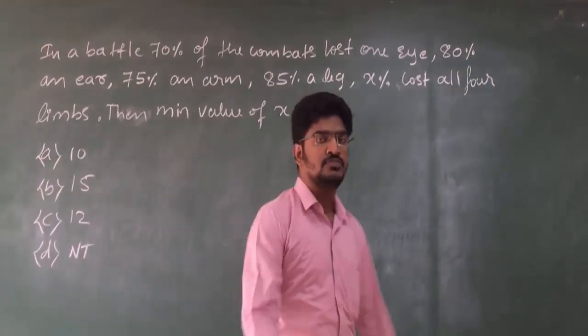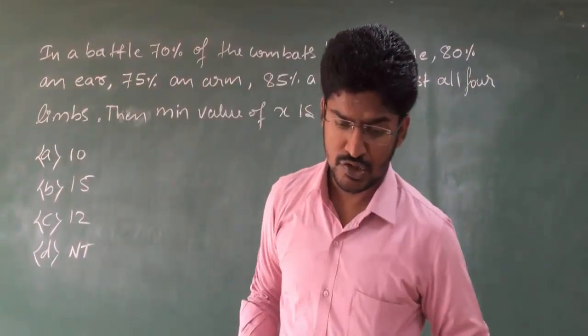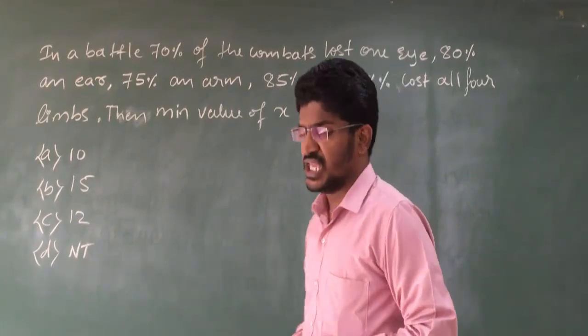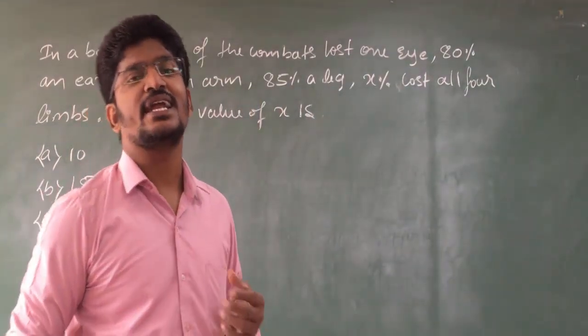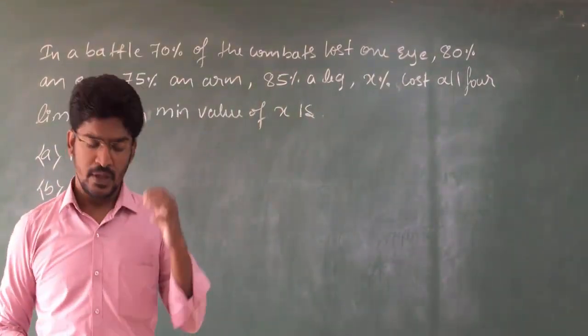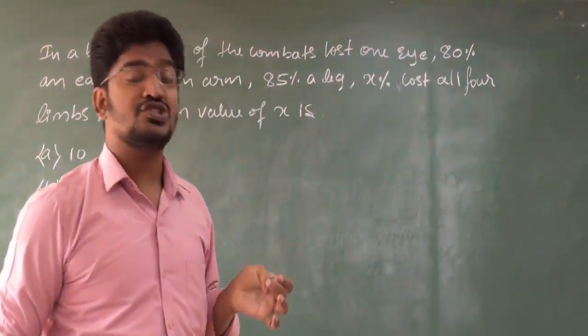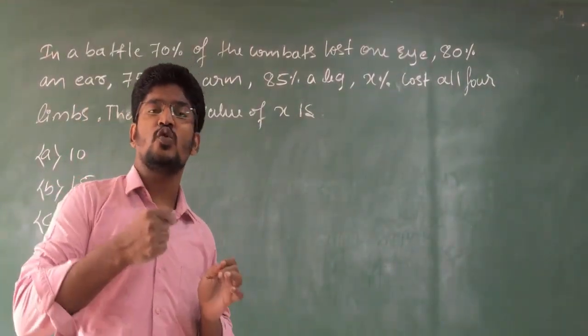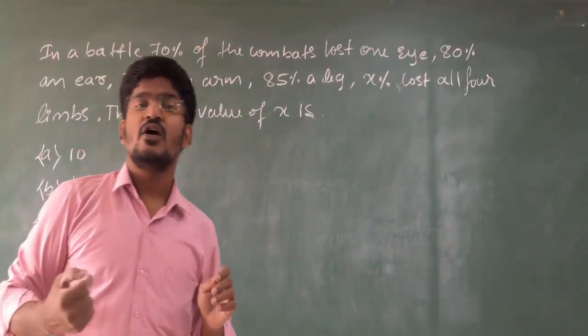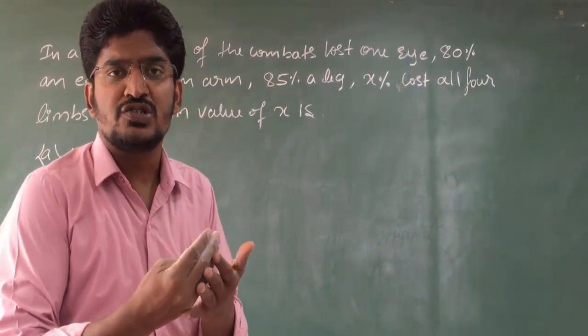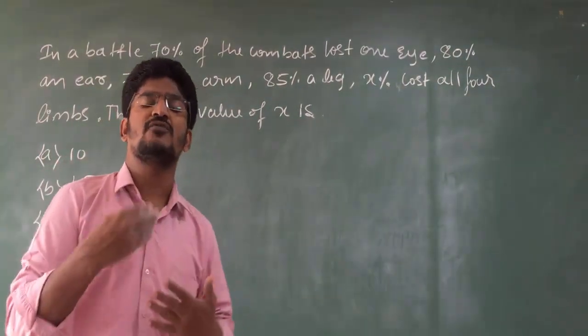Okay students, let us go to the next question, which is a very tricky one, and you have to understand it very carefully. If you don't understand what they have given and the things behind it, that means they will ask a question but want something other from that question.